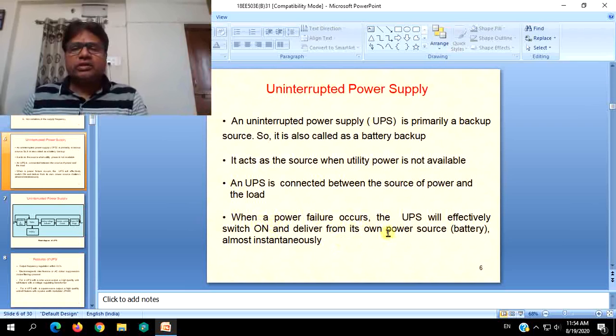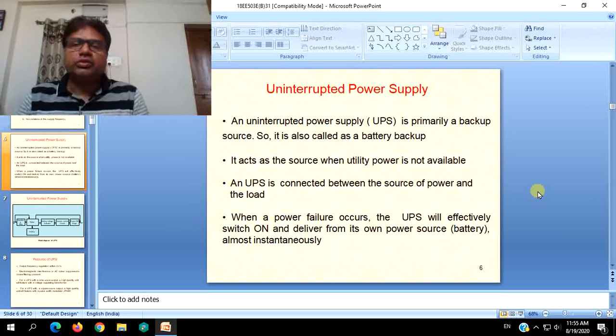When a power failure occurs, the UPS will switch on automatically and deliver from its own power source, which is nothing but its battery, almost instantaneously. This is the most important feature expected from any power supply, whether it is UPS or SMPS.